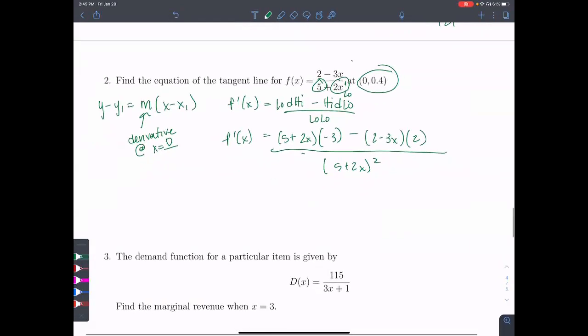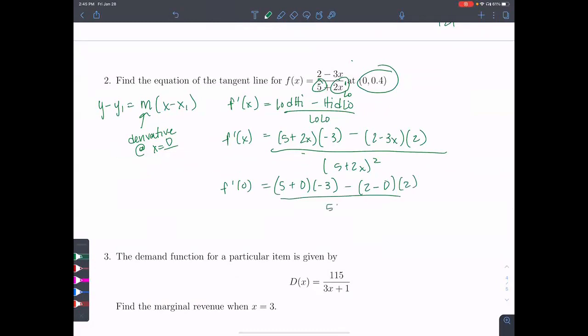We want to know m is going to be f prime of 0, right? We're trying to look for the derivative at 0. So go ahead and plug in 0. This would be 5 plus 0 times -3, minus 2 minus 0 times 2 over 5 plus 0 squared.